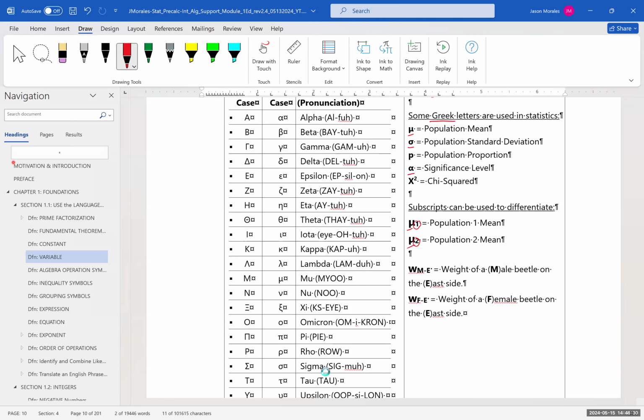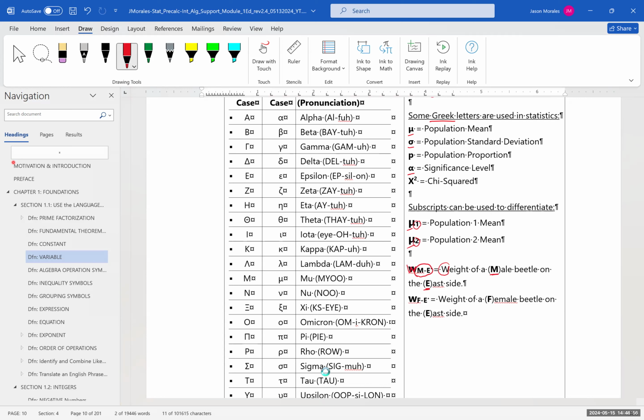And furthermore, instead of just using 1 and 2, you can use other letters or even short words as subscripts to help you identify what that variable represents. So here we're talking about the weight of male beetles on the east side.